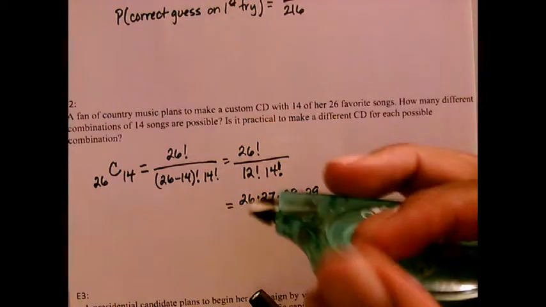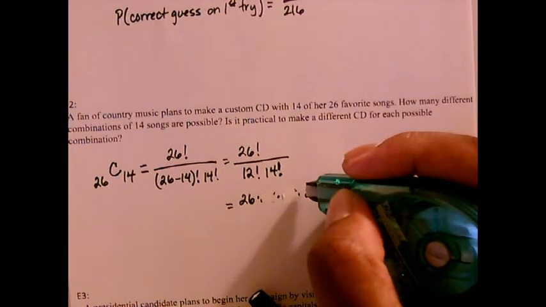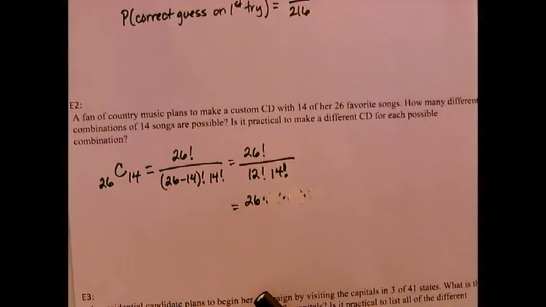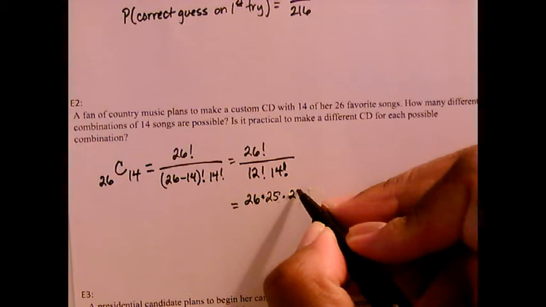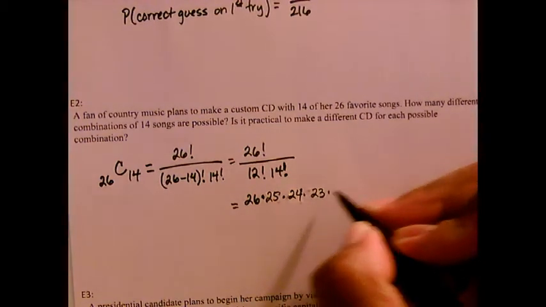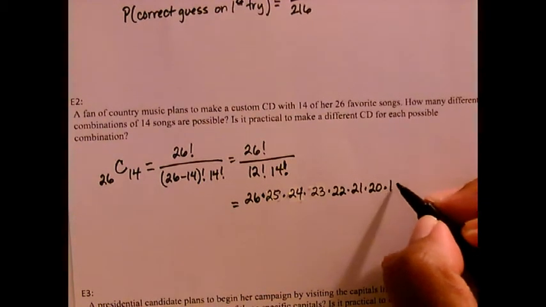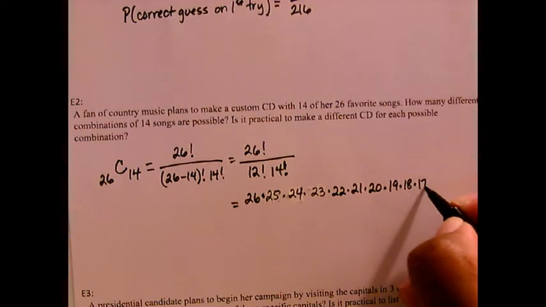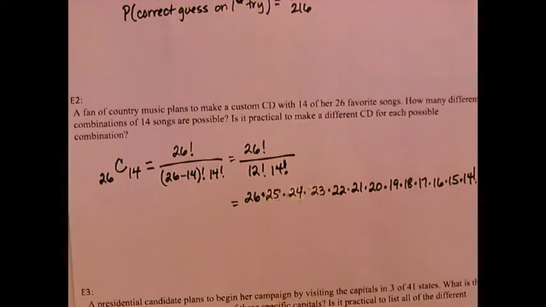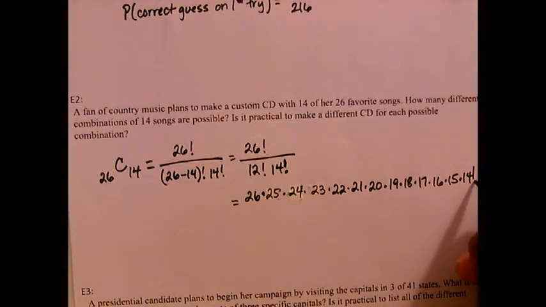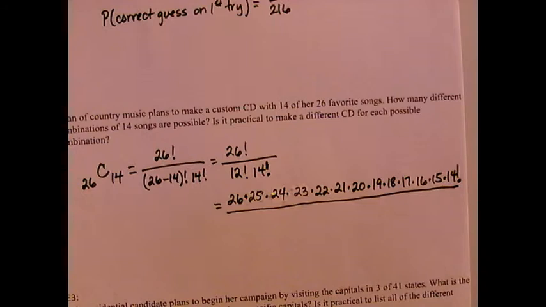So in this case here, 26, and then you got 25 and then 24, and then 23, and then it's decreasing. So this is 26 times 25 times 24 times 23 times 22 times 21 times 20 times 19 times 18 times 17 times 16 times 15 times 14, and I'm stopping at 14 factorial because if you notice, in the denominator I have 14 factorial.